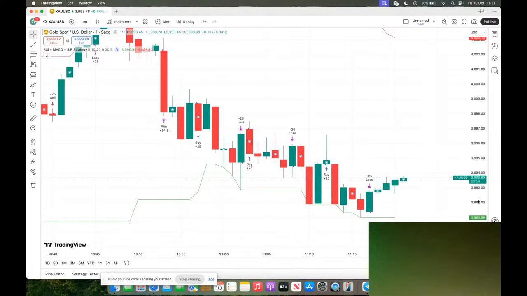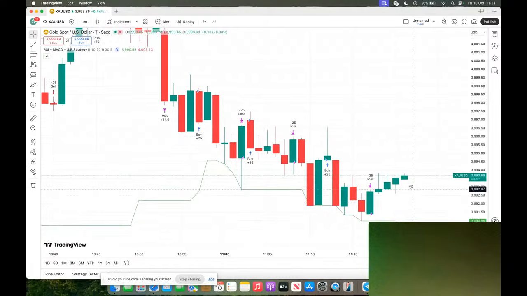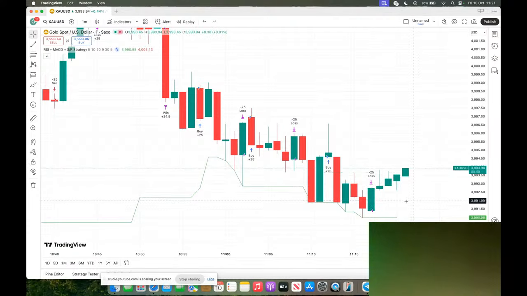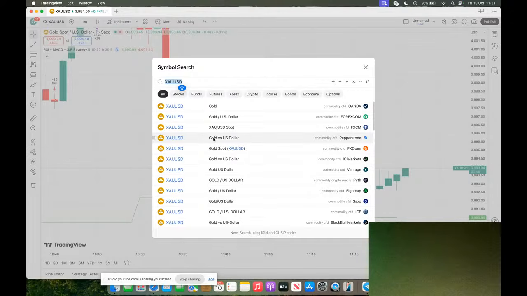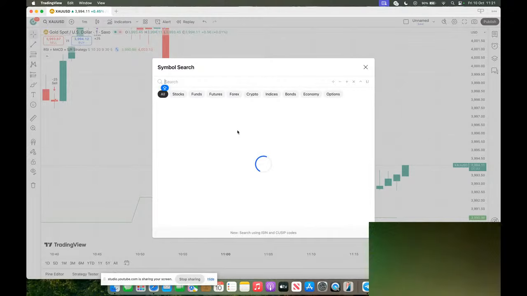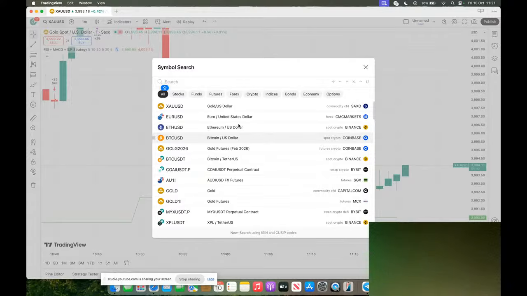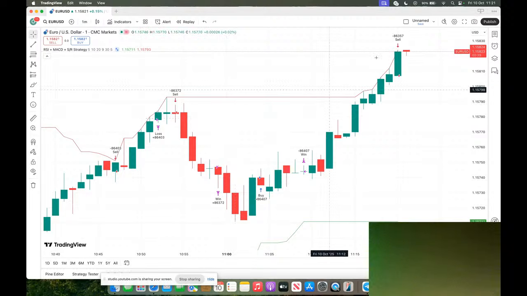Why is it not giving me a buy? I want to be checking other pairs. Don't worry, I will call the one that I want us to trade. Okay, see when this one finally gives a sell.